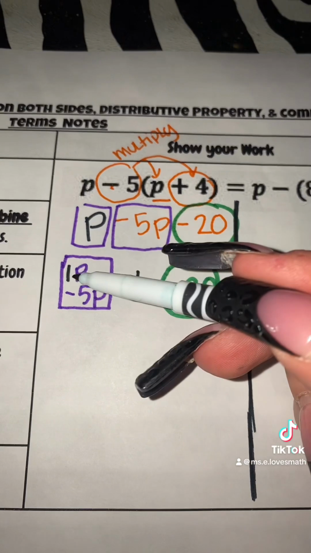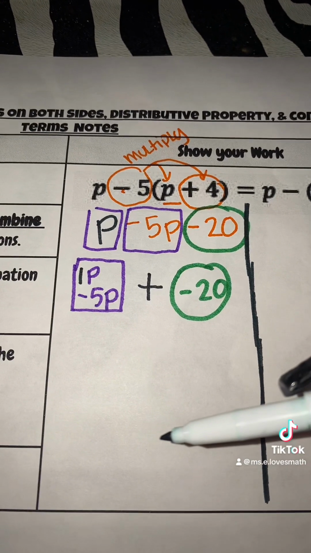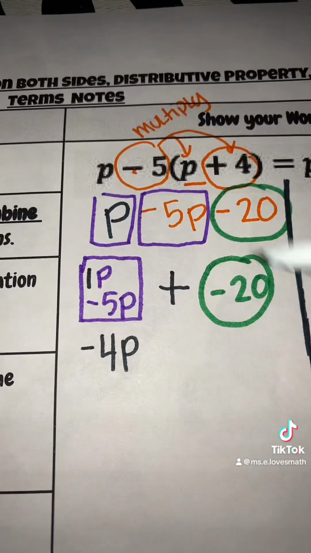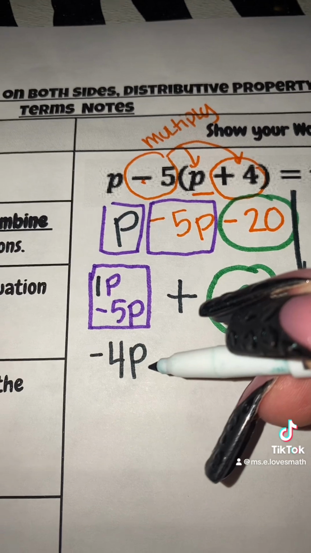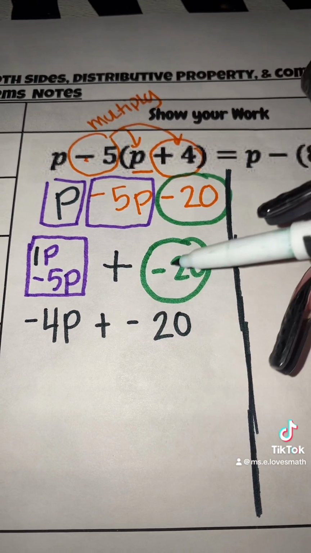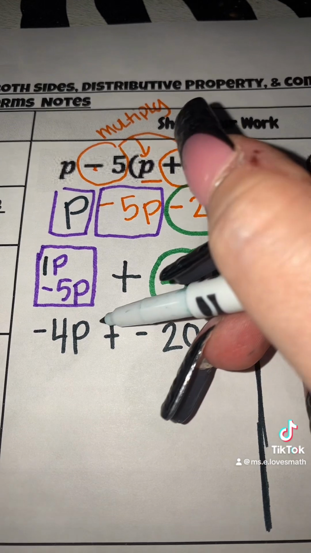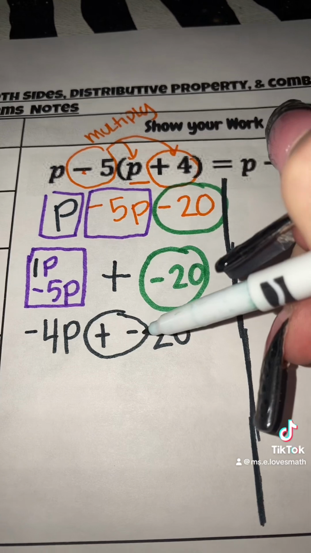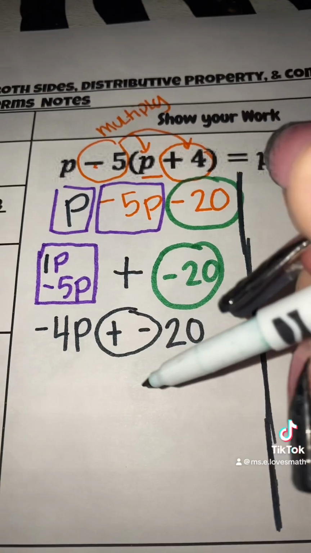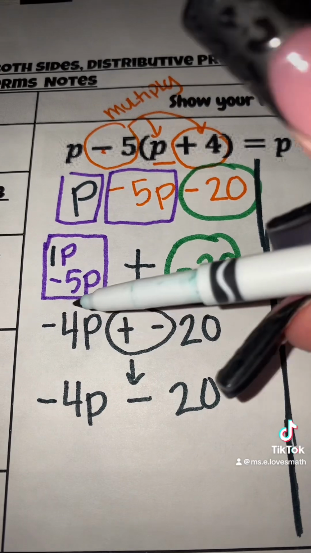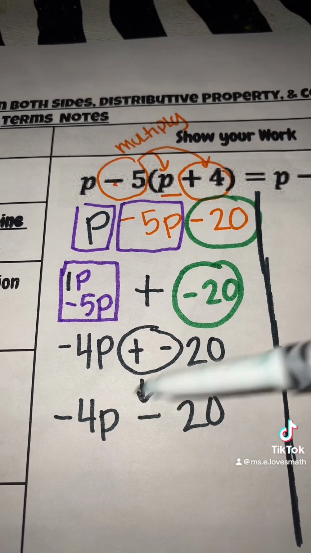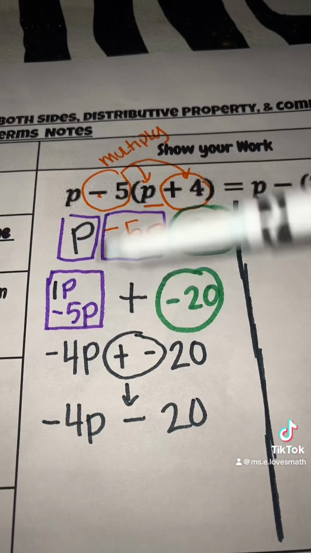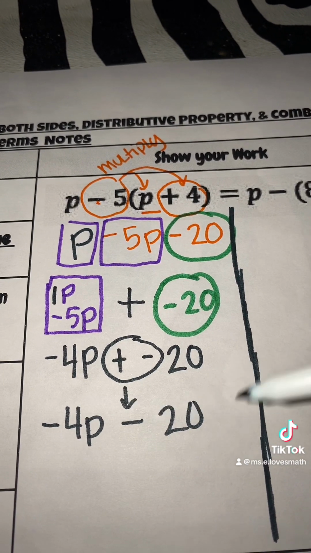The p term by itself has an imaginary 1 in front of it, so positive 1 plus negative 5 is a negative 4p. Then we have our plus a negative 20. We do not want two symbols next to each other. Adding a negative is the same thing as subtracting, so we can rewrite this as negative 4p minus 20. So this whole side ends up being negative 4p minus 20.